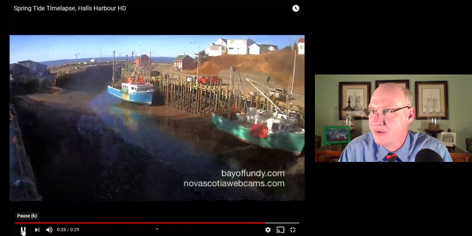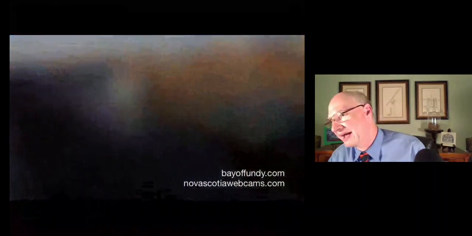See the tide going out, and now the boats are back on the bottom.